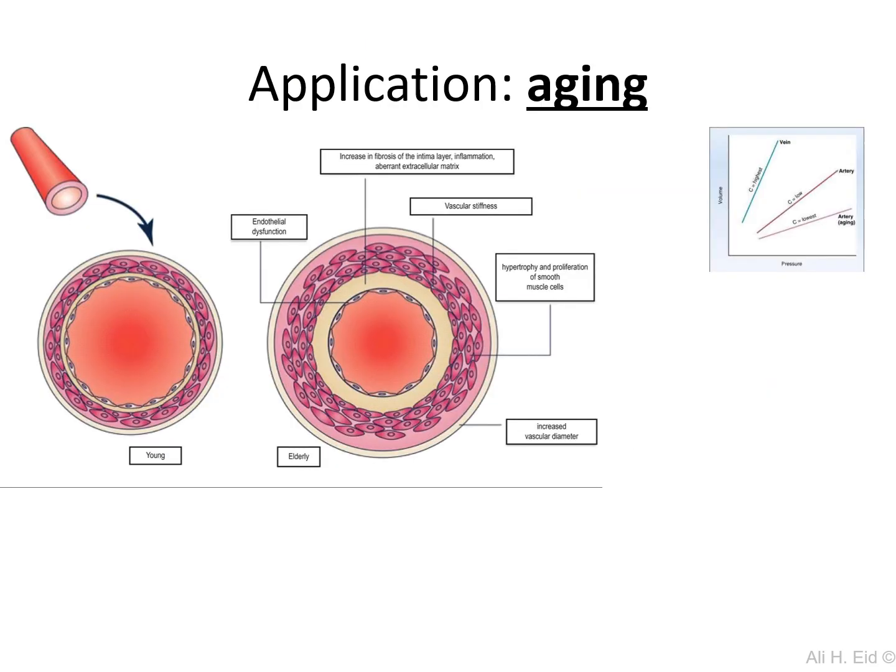Some of the applications, obviously, during aging. So as we age, what happens? There's going to be more hardening of the vessels. There is hypertrophy, proliferation of smooth muscle cells, deposition of matrix, and an increase in the vascular diameter. Eventually, that stiffness is going to reduce the compliance of the blood vessel.